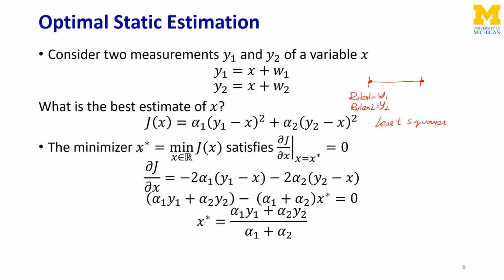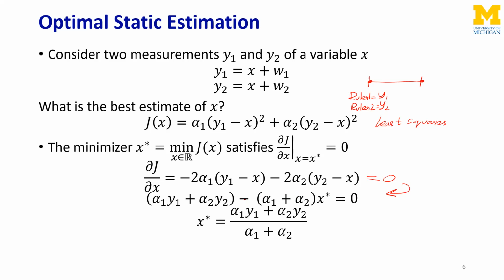Now the minimizer of this cost function J satisfies this equation: the gradient of the function J at the minimizer should be equal to 0. This is just from high school calculus. So when you take the partial of J with respect to X, you obtain this equation. When I set this equation to 0, I get this equation.